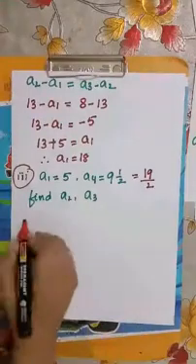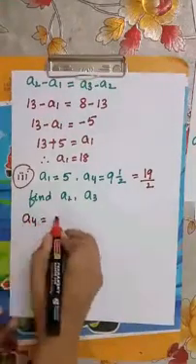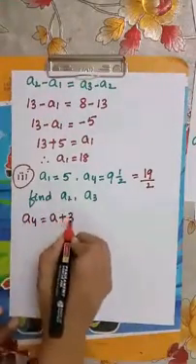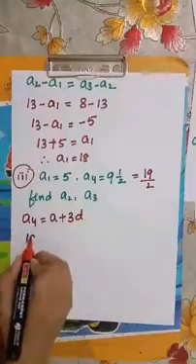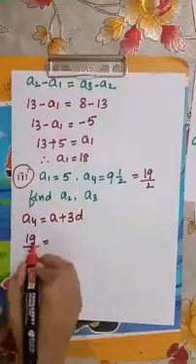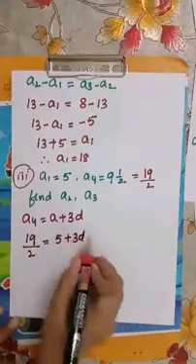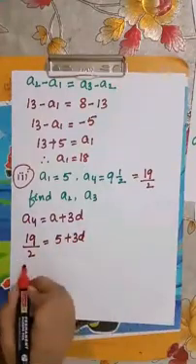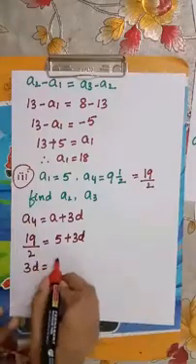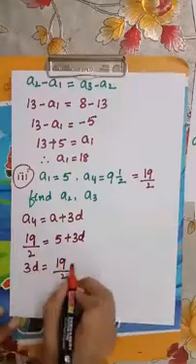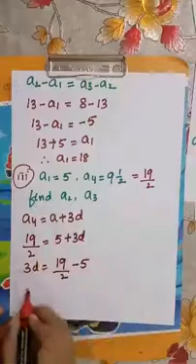A4 दे दिया ना. So A4 formula we will use. A4 is equal to A plus 3D. So 19 by 2 is equal to A, which is how much? 5 plus 3D. So 3D is equal to 19 by 2 minus 5. प्लस इज इक्वल टू किधर आते हैं? माइनस हो गया.